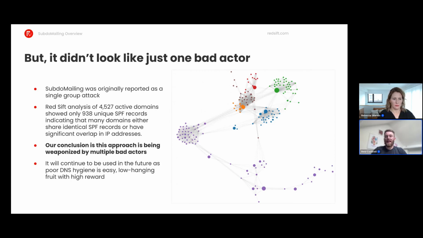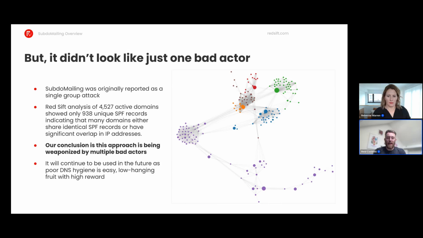What that indicates is that there are many domains that are either sharing identical SPF records or have a significant overlap in those IP addresses that are sending on their behalf. Our conclusion here is that this is an approach that's been weaponized by multiple bad actors. And I think the original line of thinking when the campaign was reported was that it was a single group attack. But I think we can safely say that it is by a larger network of individuals.